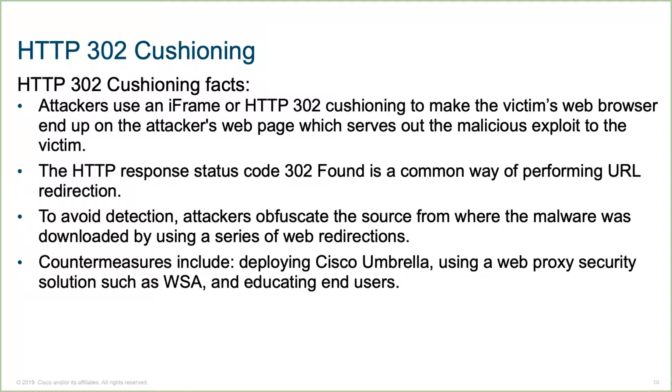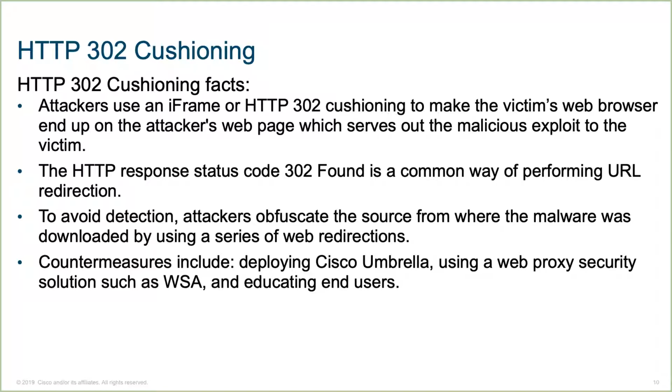Now, the cushioning part comes into play where we talk about iframes or inline frames, a standard programming mechanism of displaying a web page inside of a web page. So a compromised server could be used to display multiple different web pages inside of a request-response interaction, all to redirect the end user to a malicious website.